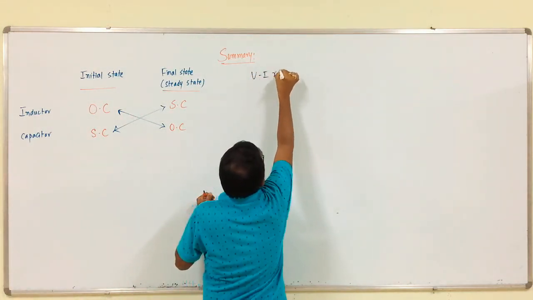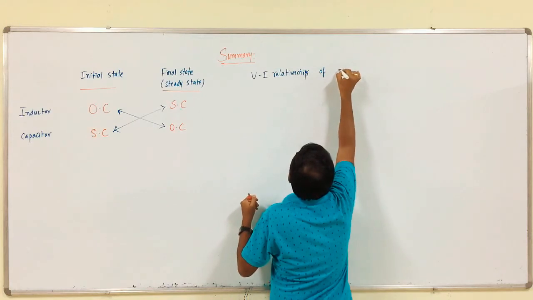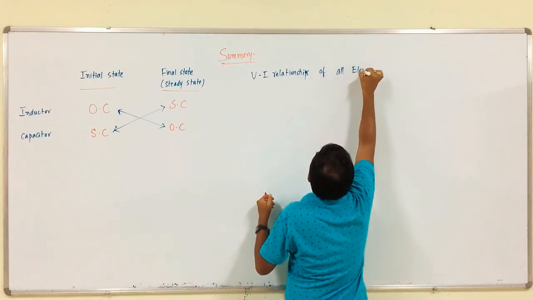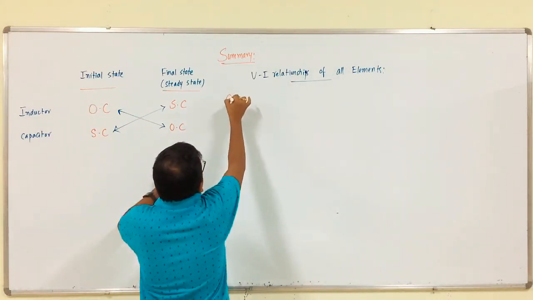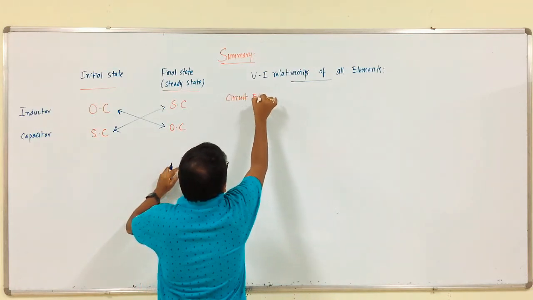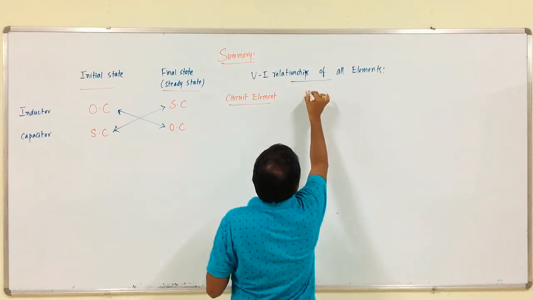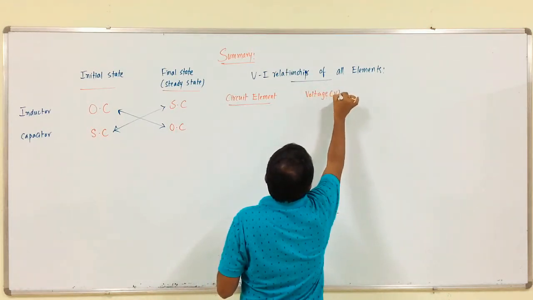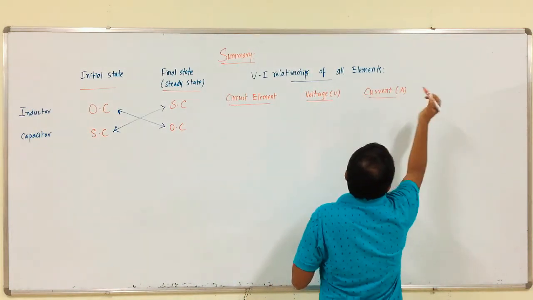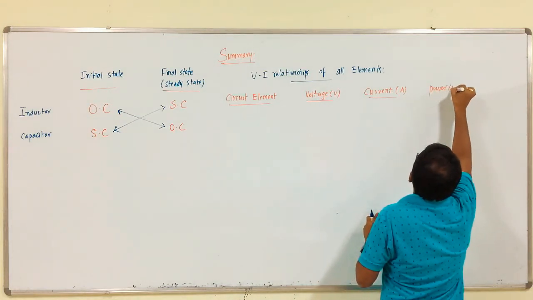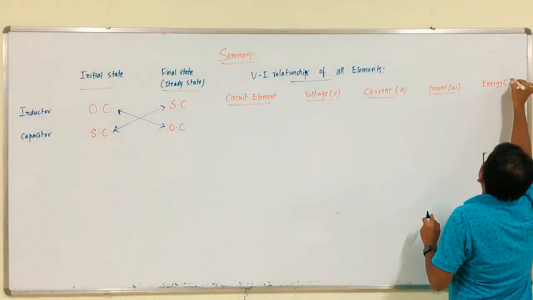Okay. Next, VI relationships of all elements. That is, circuit element, voltage, current in amperes, power in watts and energy in joules, right.